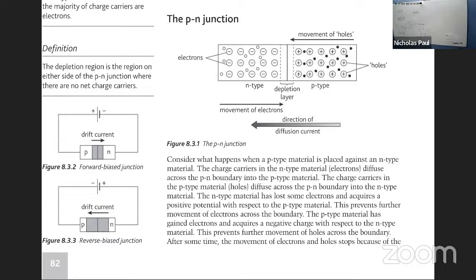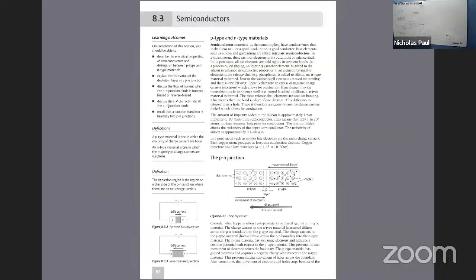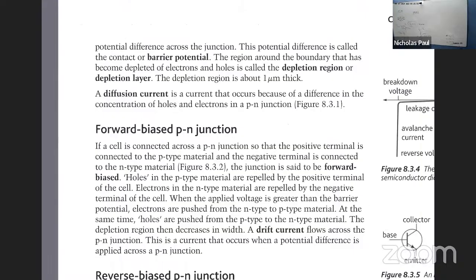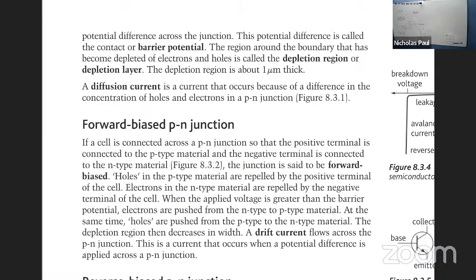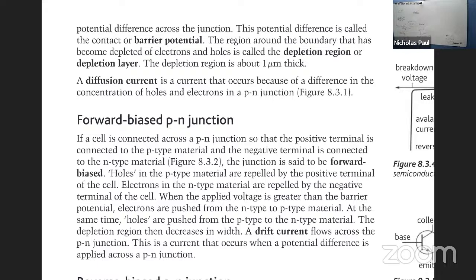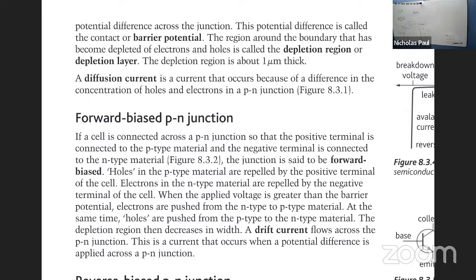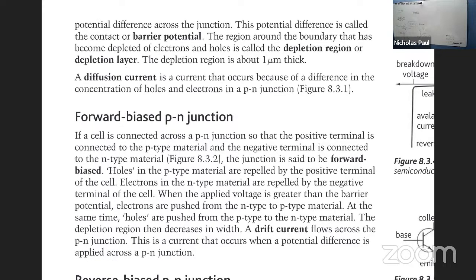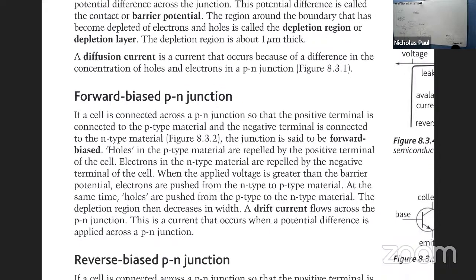After some time, the movement of electrons and holes stops because of the potential difference across the junction. The potential difference is called the barrier potential, right? And the region around the boundary that has become depleted of electrons and holes is called the depletion region, right? Or depletion layer. The depletion region is about 1 micrometer.